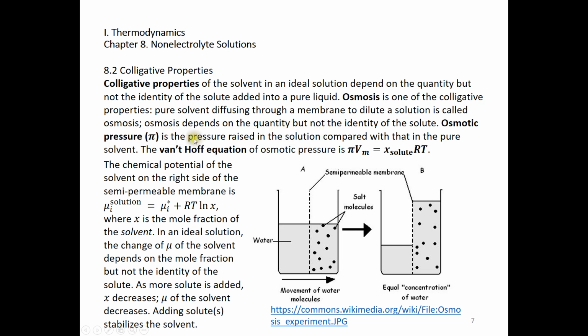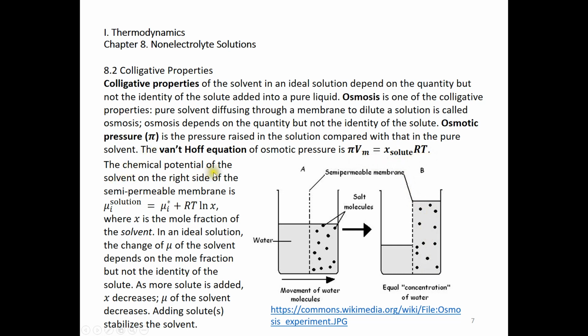Osmotic pressure pi is the pressure raised in a solution compared with that in the solvent. There's an equation for the calculation. The van 't Hoff equation of osmotic pressure is this: pi, which is osmotic pressure, times molar volume equals the mole fraction of the solute on this right hand side multiplied by RT.